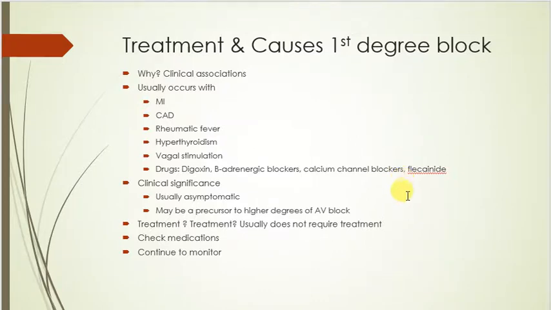You may have a little bit too much on board, and it's usually asymptomatic. But like I said, it may be a precursor to a higher degree and an actual block. So we usually just check medications and continue to monitor this patient. You usually do not have any treatment.